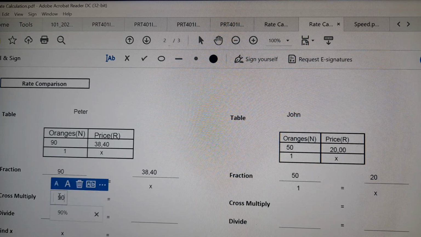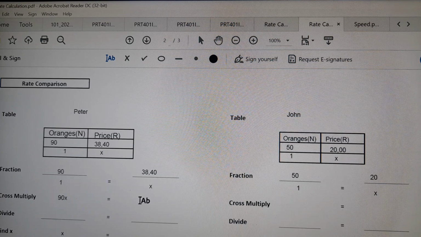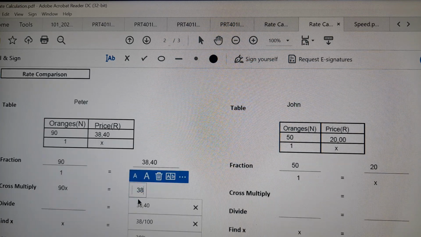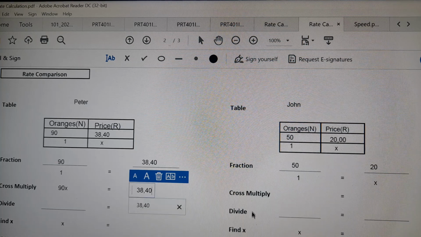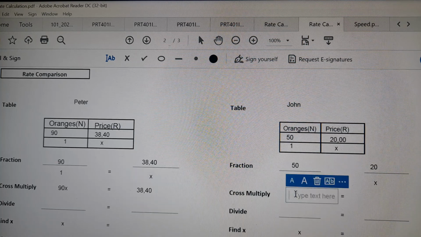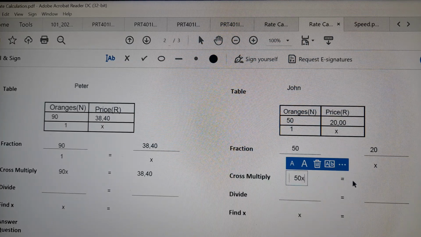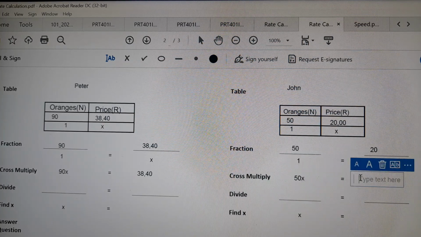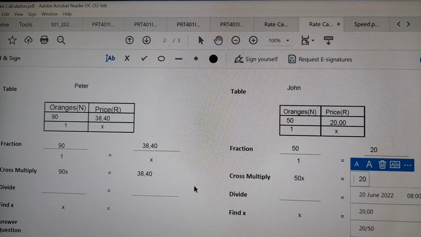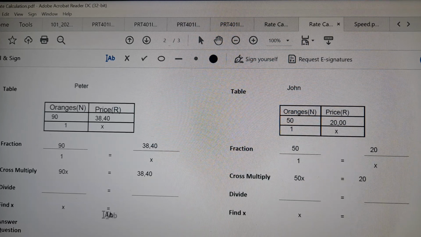Here you're going to have 90X equals 38 rand 40, and here 50X equals 20. Do your cross multiplication properly, please. Then we're going to focus on this side and divide by 90 both sides.